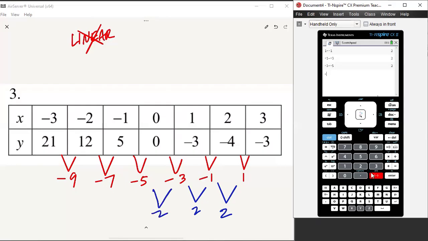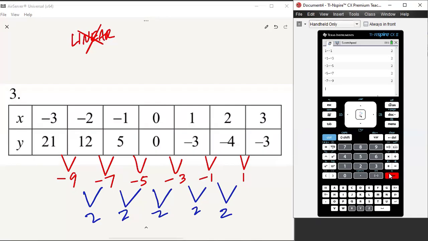Then a negative 5 minus a negative 7, and I get a positive 2. And the last one, a negative 7 minus a negative 9, gives me a positive 2.